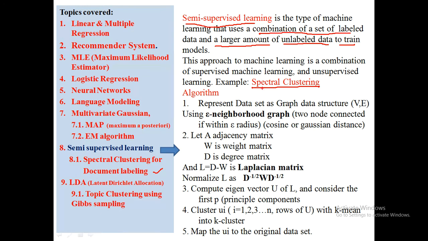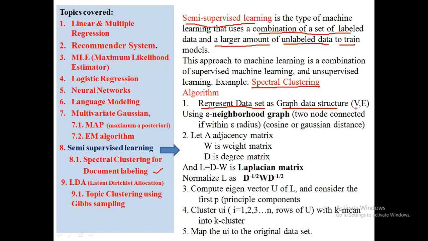Coming to the example of spectral clustering used for document labeling, we have written a simple algorithm here. First, represent the data set as a graph data structure where each sample is a node.